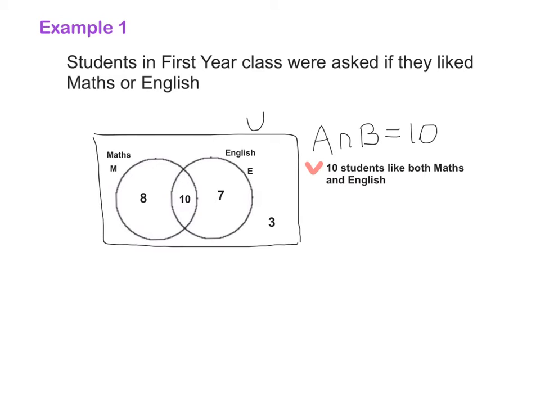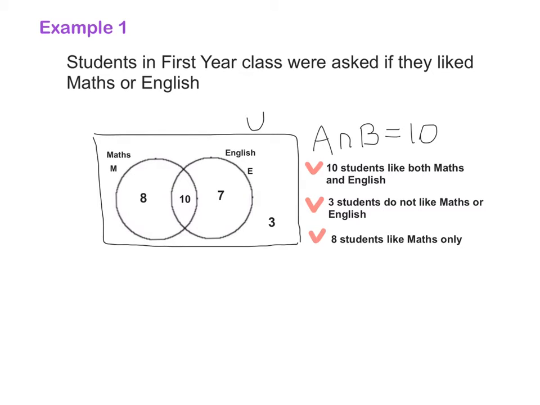They don't like maths, don't like English. Okay, so now let's focus on math circle, and we have 8 and 10 in maths. So we know that 10 people like maths and English and 8 people like only maths. Only maths.